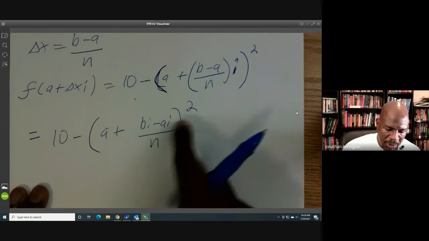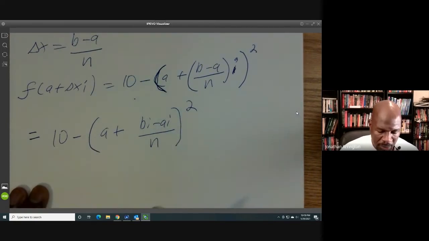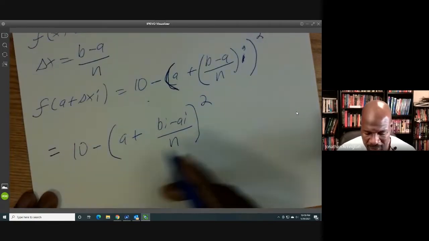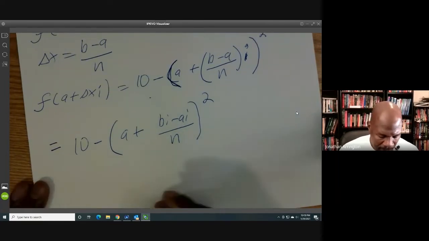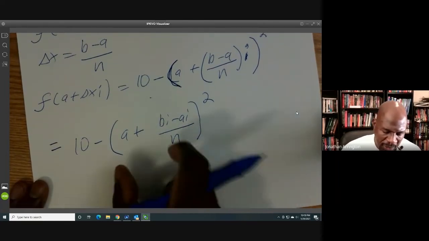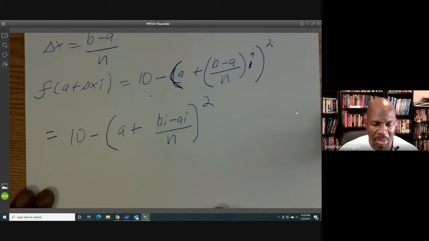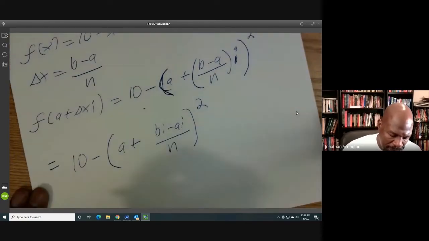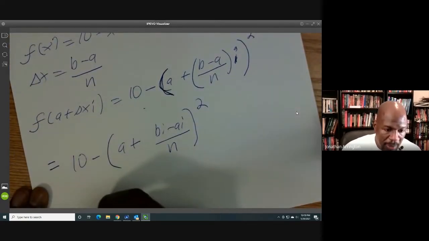And now I'm going to go ahead and square this particular expression here. So it's a binomial, just with somewhat of a complicated binomial. So it squares quite nicely. So 10 minus.